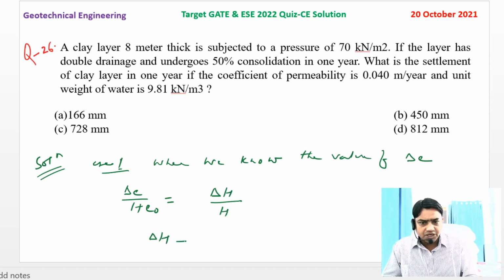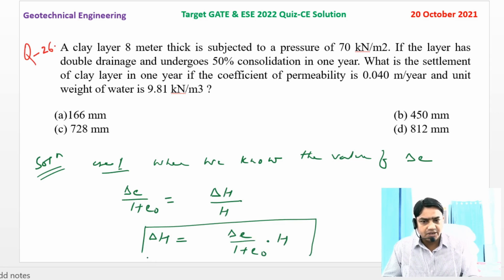So delta H is delta E divided by 1 plus E naught, into H. This is the consolidation settlement when we know the change in void ratio and the initial void ratio.